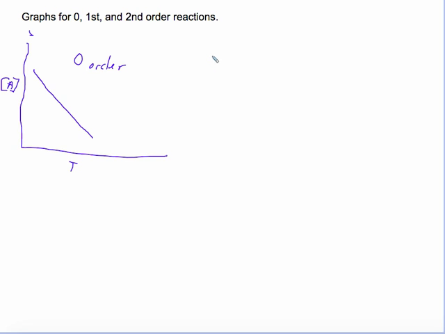Okay, now if you do a concentration of substance A over time again, and instead of being a straight line, it's more of a curve, then it could be first or second order.